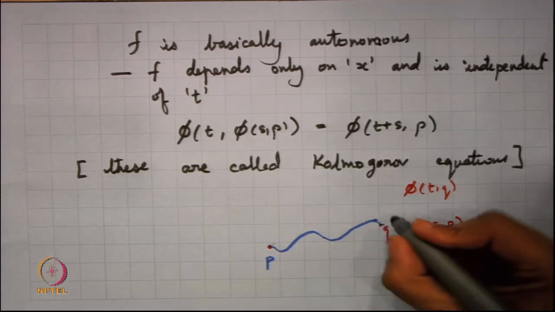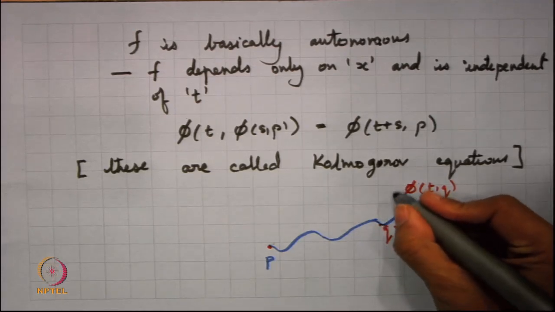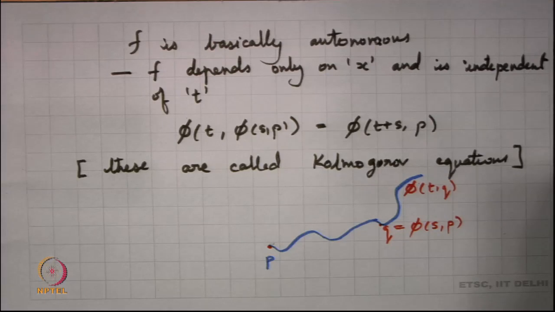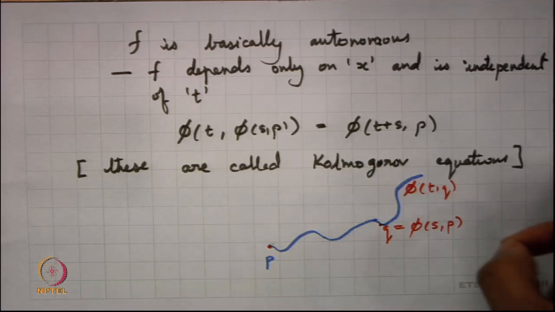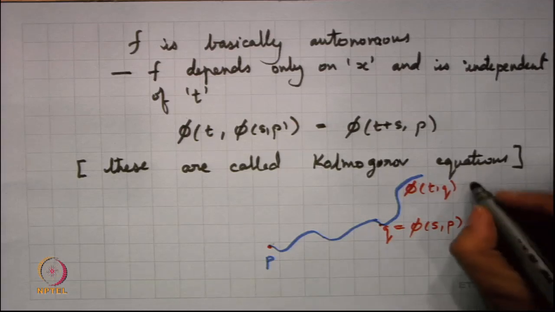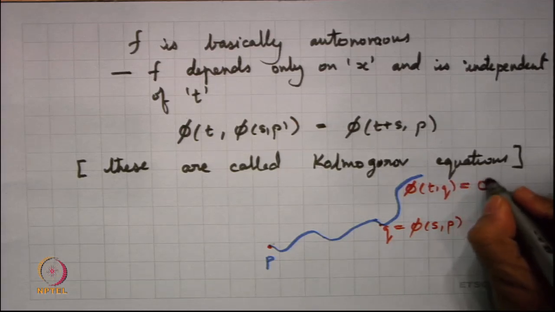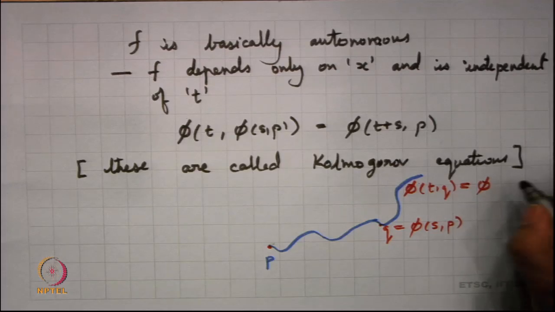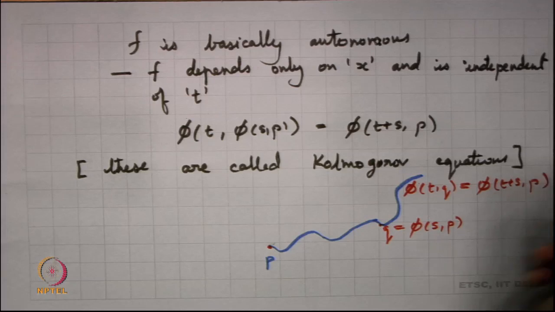Then once we reach this particular point, if we start from P and solve this equation at the time t plus s, we would have basically reached the same point. So we reach this particular point, which is the same as the solution we would have got by starting from P and looking at the time t plus s.